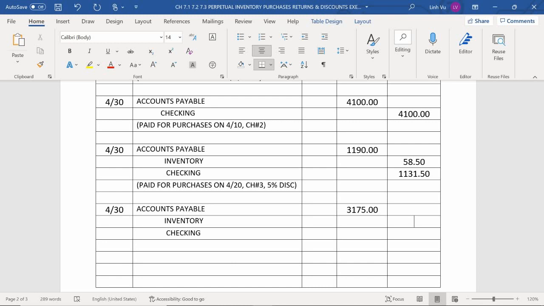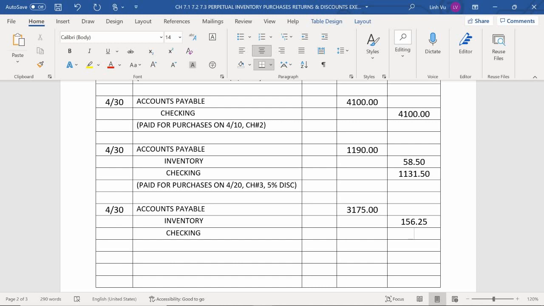Now, what is 5% of 3125? Because that's taking out the $50 freight. So 3125 times 0.05 gives you 156.25. Correct.